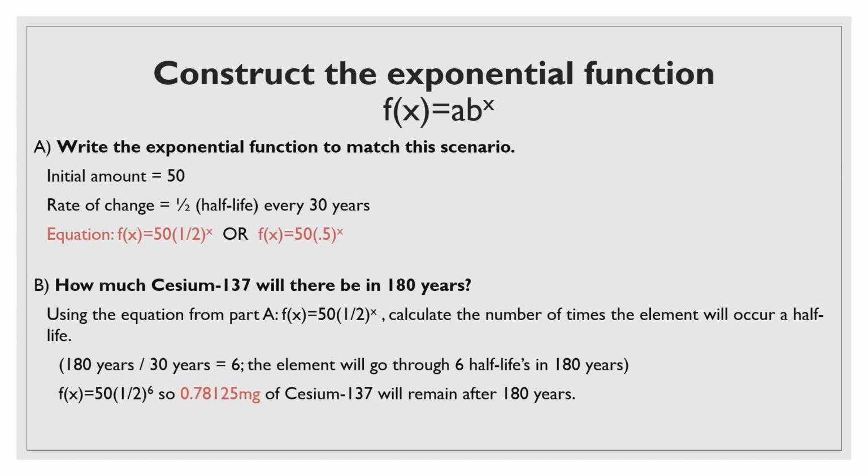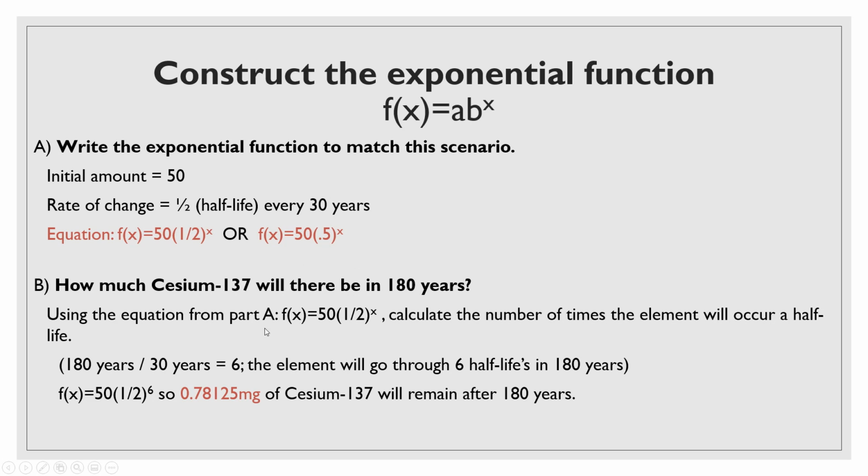Remember that the initial amount is 50, and the half-life, the one half, occurs every 30 years. So our equation is f of x is equal to 50, the initial, times 1/2 raised to x. That would be our exponential function.